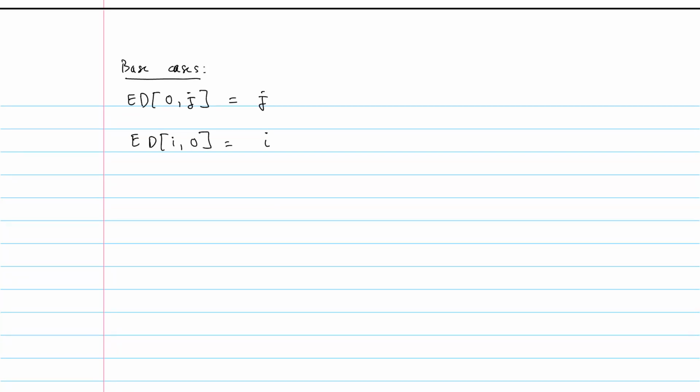Now let's complete the algorithm. We simply have a for loop for i and a for loop for j, and we just copy this recurrence down.